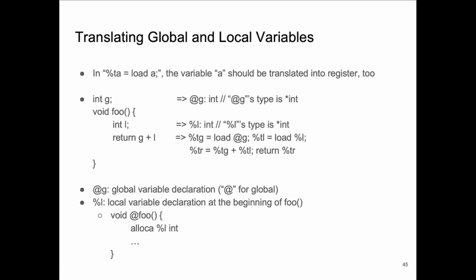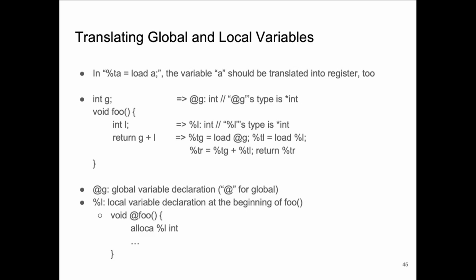So in C, you can declare a variable inside the other construct, the nested structure. For example, inside a block or inside a for loop. But in IR, you can declare a local variable only at the top of the function, only at the beginning of the function. So it makes the job of the memory allocator much simpler.